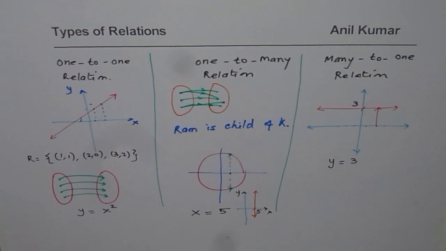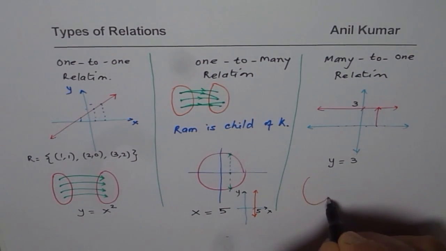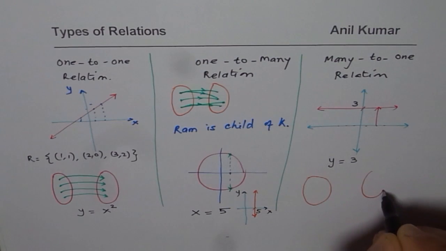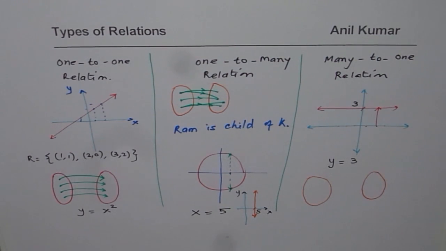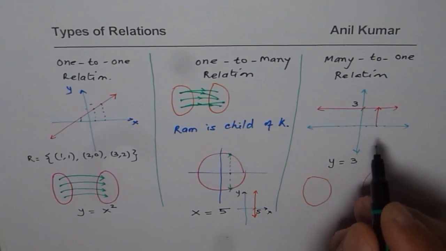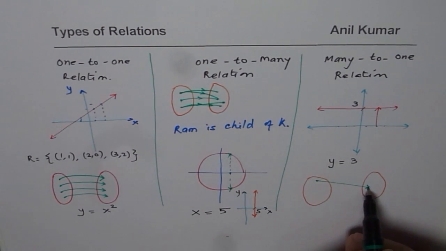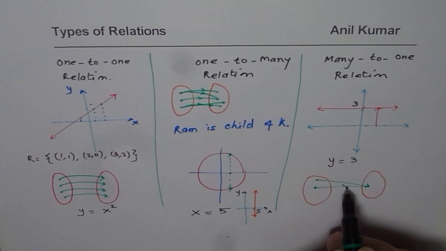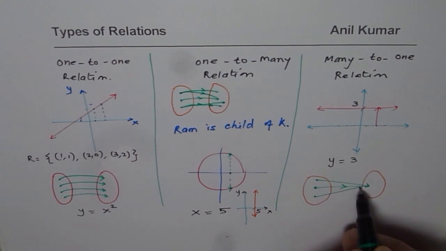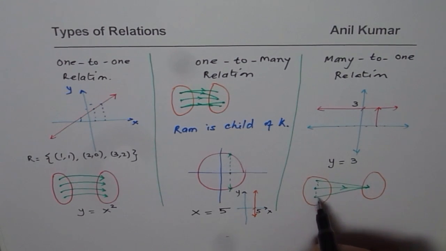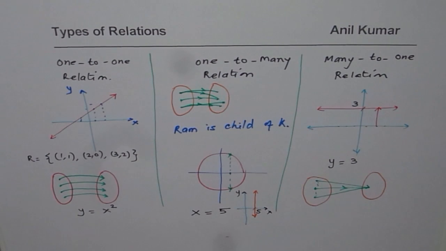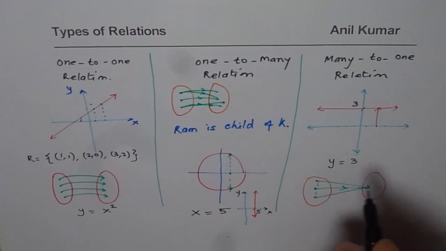So in this case, if you draw a mapping diagram, what will you get? It's very interesting. What you get is the x value could be any, right? So it could be any x value, but as far as the y value is concerned, the y value is just 3, right? So what we have is all the values of x are mapped to just one element in the output, which is 3.